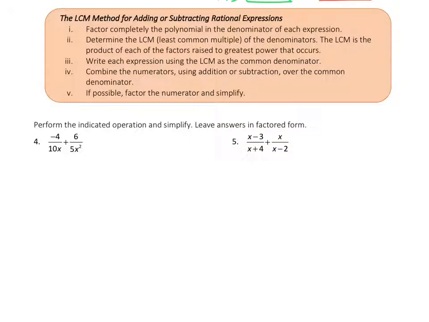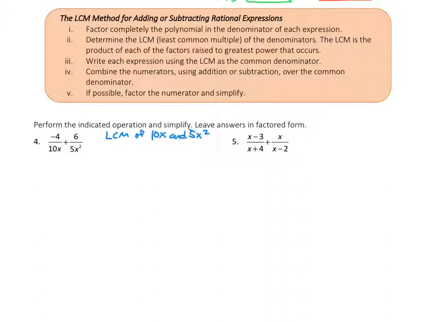In these next examples, we're going to have to do a little more work to get common denominators. So when you find common denominators, you're finding the least common multiple of the expressions in the denominators. So the least common multiple of 10x and 5x squared is going to be the product of the factors raised to the greatest power that occurs.